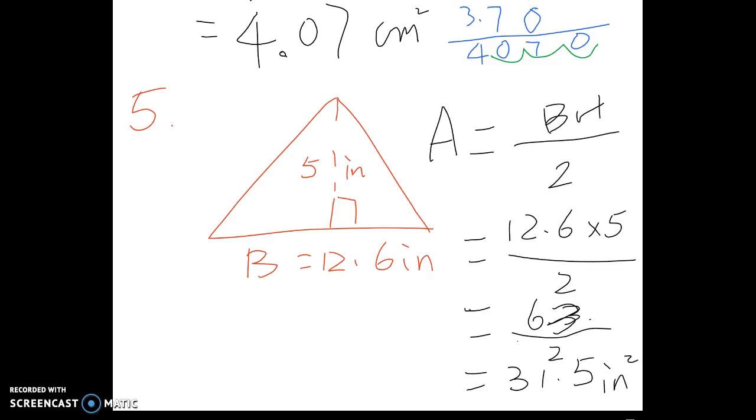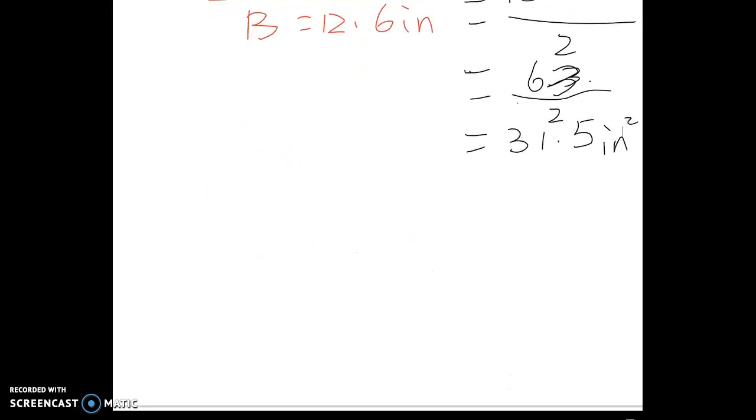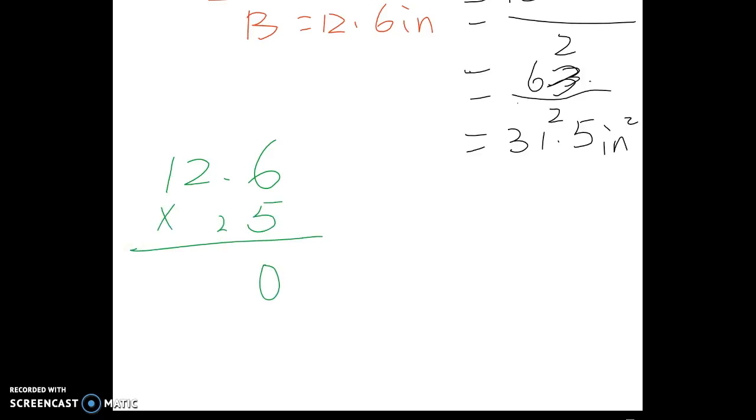And some of you may want me to redo the multiplication for you, so let's look at this. So it has 12 6/10 times 5, 5 times 6, 30, 5 times 2, 10, 10 plus 3, 13, 5 times 1, 5 plus 1, 6.